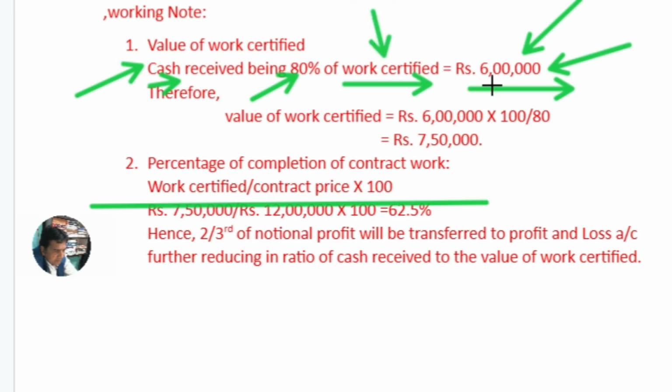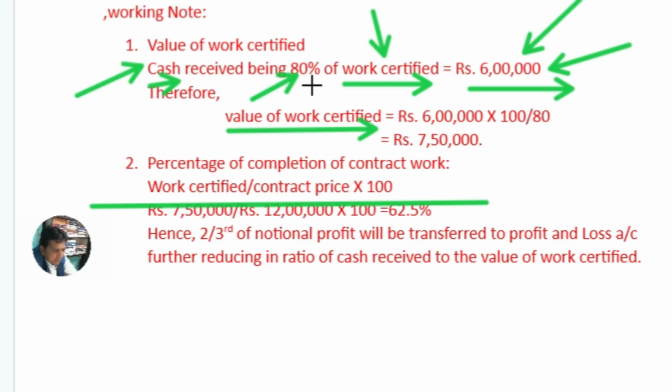That means the work certified value is different. This is the cash receipt, and this amount is 20% less than the work certified. So in this case, we always calculate the value of work certified in this manner. If cash received at 80% or 90% or 75% is given, then the cash received is multiplied by 100 divided by 80.